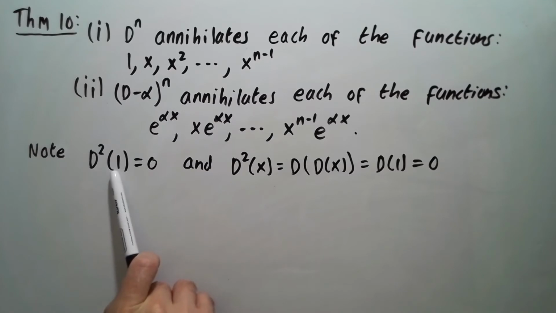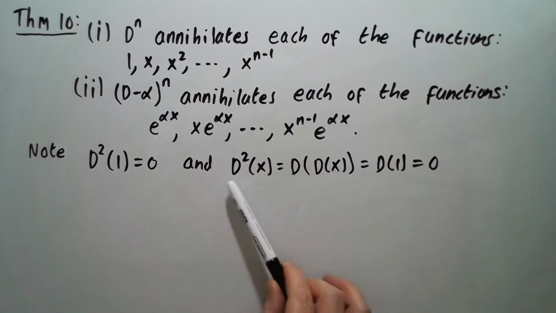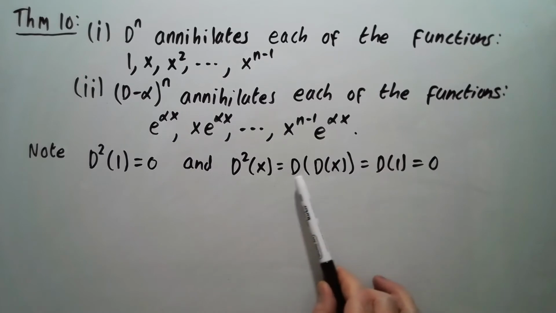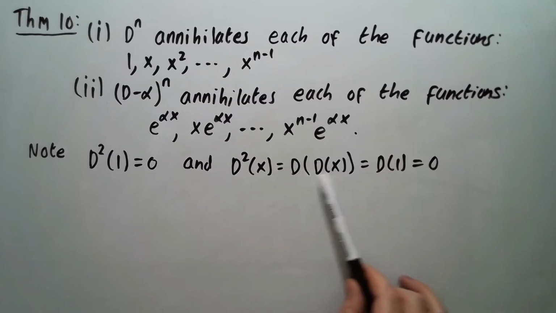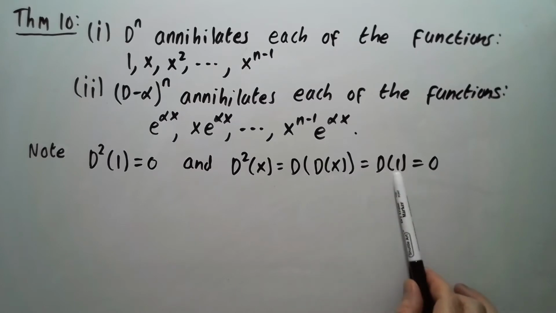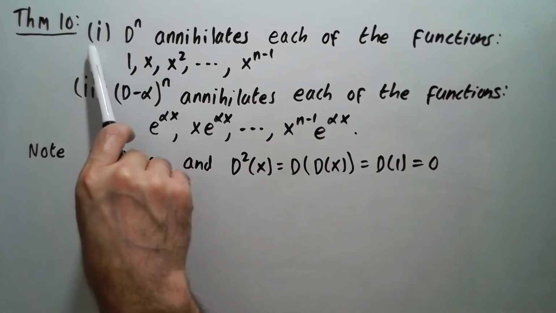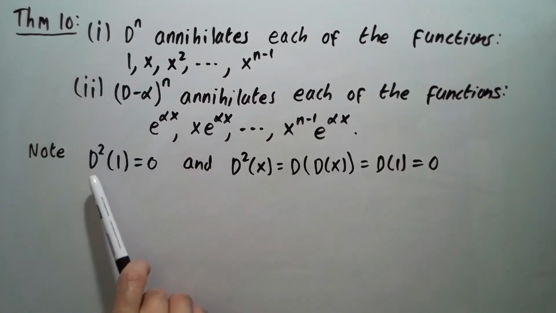The first derivative of 1 is just 0, so the second derivative would be 0. So D squared annihilates 1. And let's look at D squared of x. D squared of x you can think of as D of D of x. D of x means first derivative of x, which is 1, and then the derivative of 1 would be 0. So we've kind of shown part 1 for the case when n is 2 anyway.